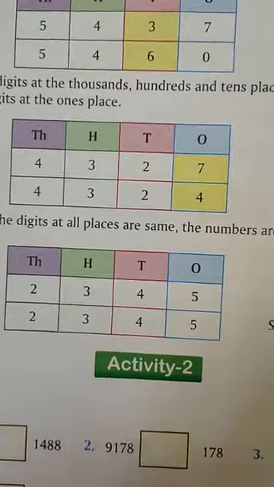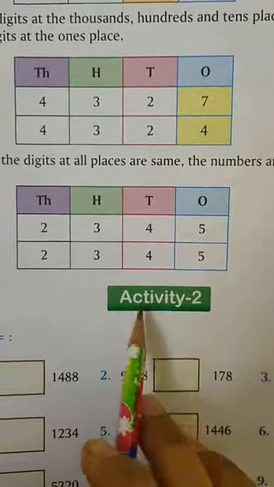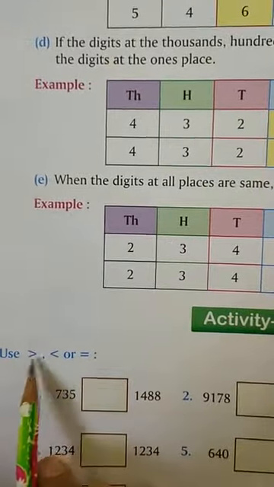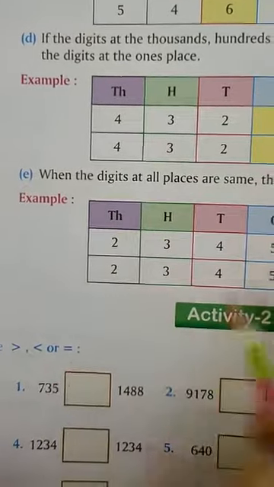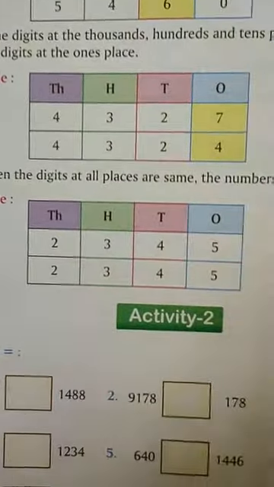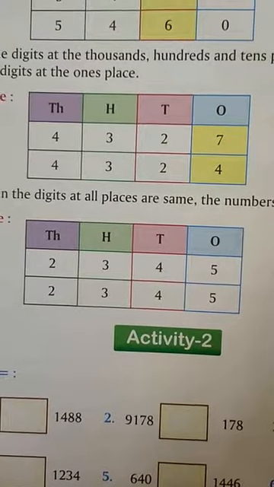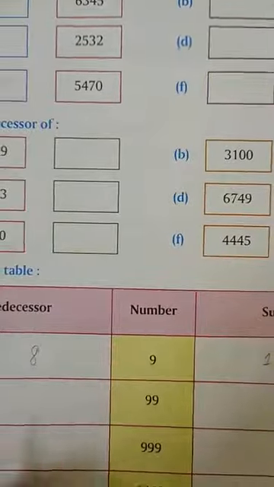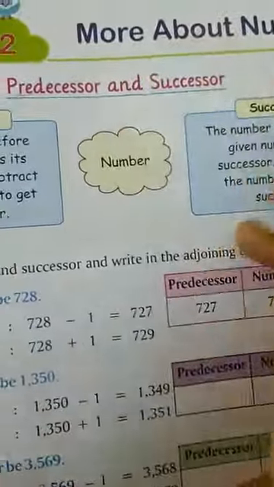This is all about comparison of numbers. Here is activity 2 for you. You have to compare these numbers by putting these signs. By using this concept you can do this exercise very easily. Let us quickly recapitulate what we did today. First we started our second chapter, more about numbers.